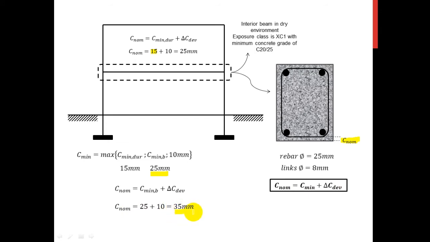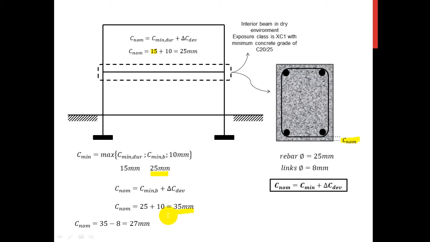Yet remember, below the rebar are the links, and we have to subtract the link size, that is 8 millimeter, from the 35 millimeter. So the nominal cover turns out to be 27 millimeter. It reduces.